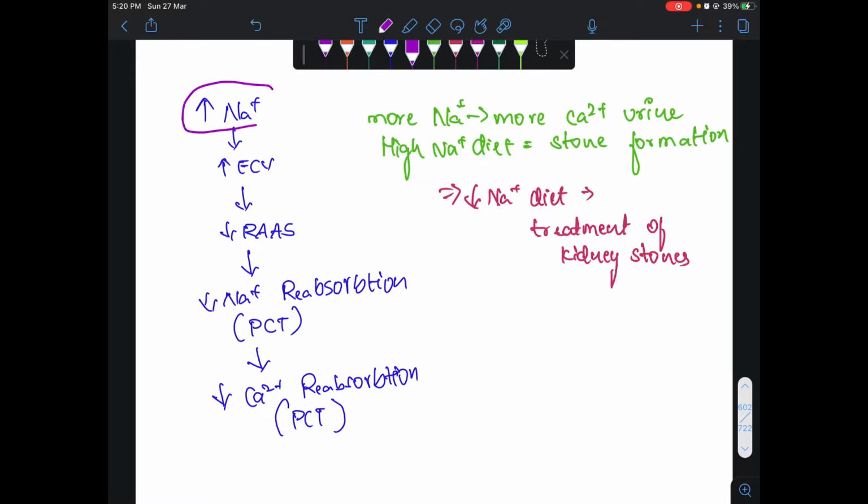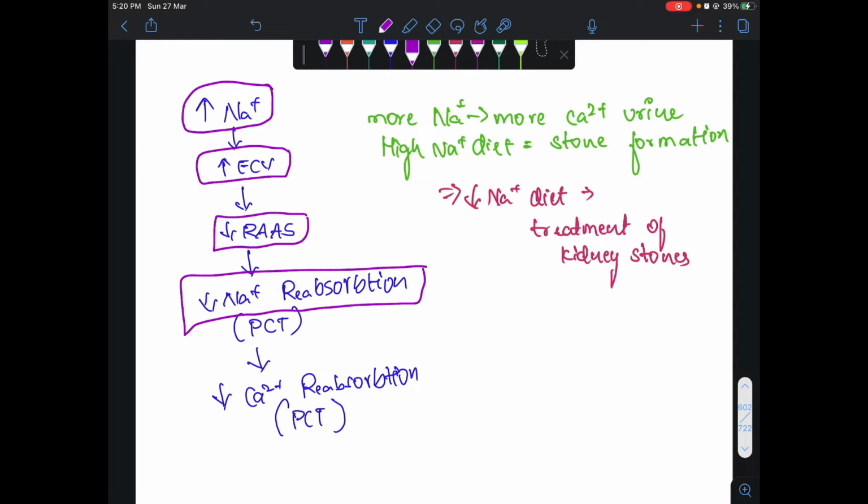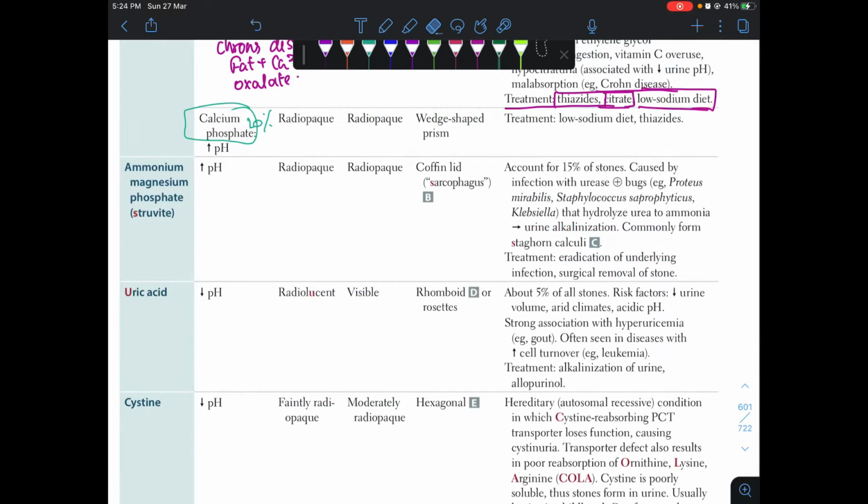When we take a high sodium diet, this increases the extracellular volume and this decreases the RAS system. Hence, there will be decreased sodium reabsorption from the proximal convoluted tubule, and hence there will be decreased reabsorption of the calcium.